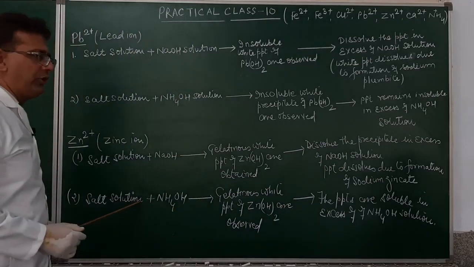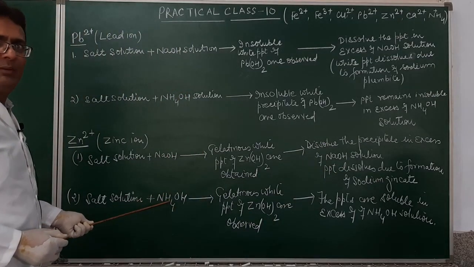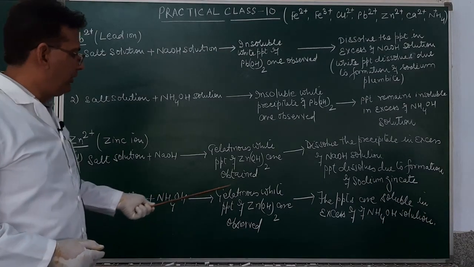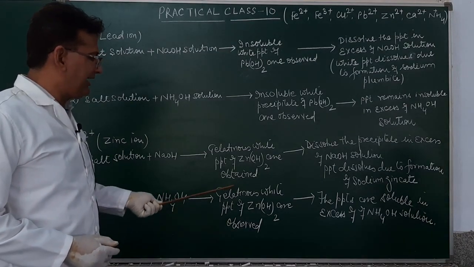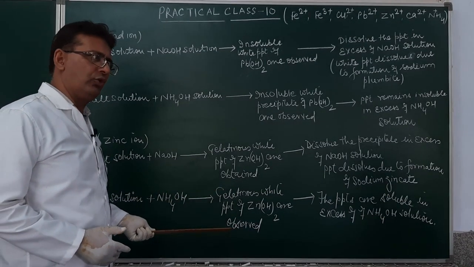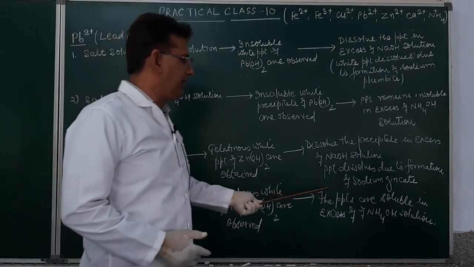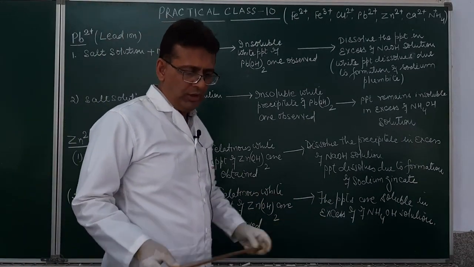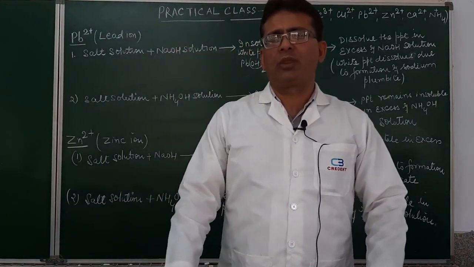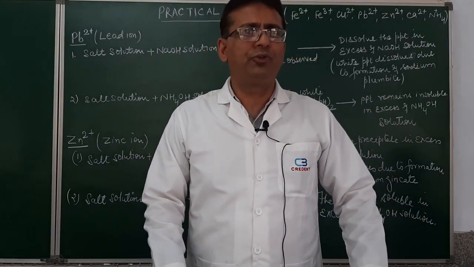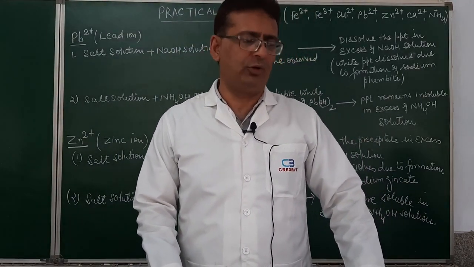Now to another salt solution, we add ammonium hydroxide solution. What will be observed? Gelatinous white precipitate of zinc hydroxide. It is soluble in excess of ammonium hydroxide. So zinc salt solutions are soluble in excess of sodium hydroxide and ammonium hydroxide.